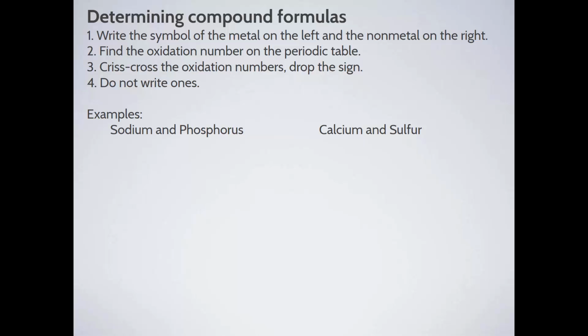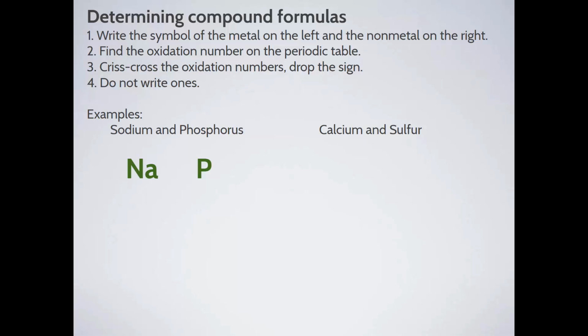So you'll need your periodic table. Sodium and phosphorus. These compounds we're talking about are metal, non-metal compounds. Like we said earlier in our unit, metals typically will combine with non-metals. So sodium and phosphorus.